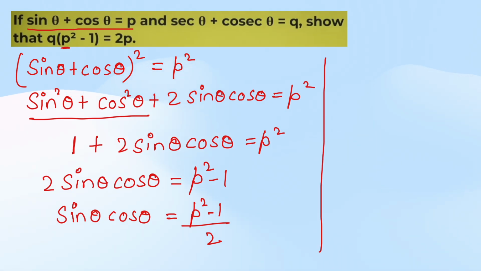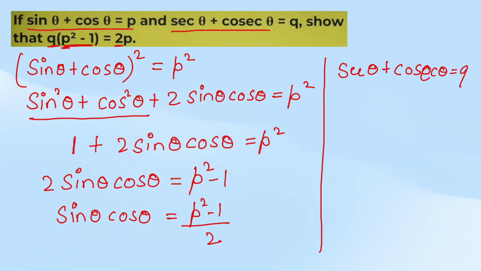Okay. Now, p square minus 1 and 2 is on the other side, right? I have to multiply this by q. If I check this sec theta and cosec theta: sec theta plus cosec theta equals q.